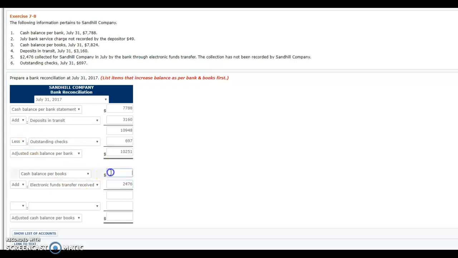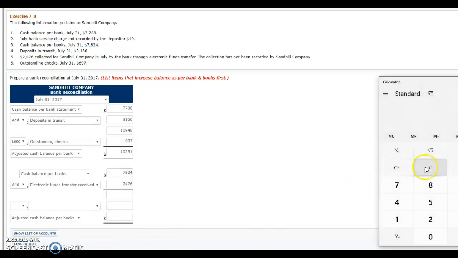And the cash balance per books is the 7824. When we add those together, the 7824 plus the 2476 gives me 10,300.